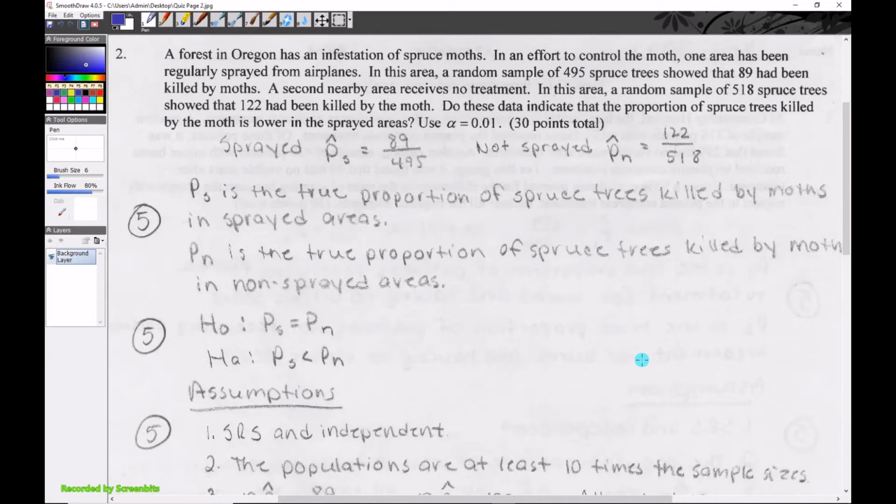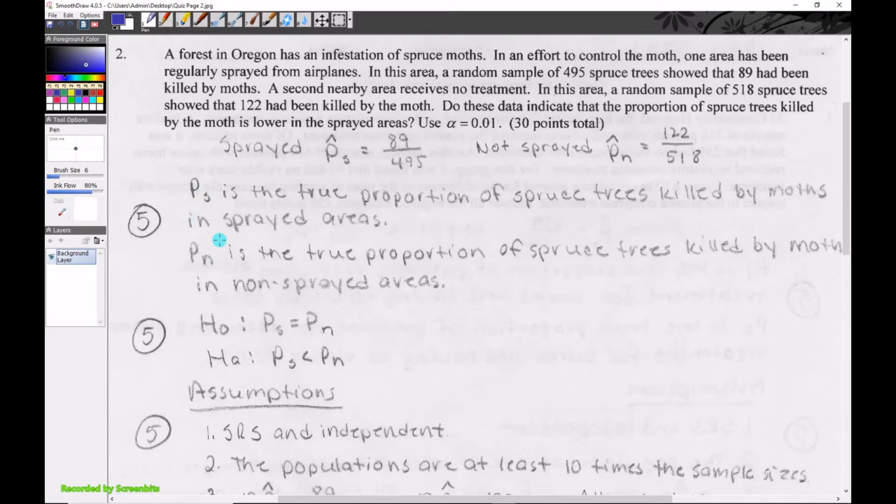Here again, you had to set up two proportions as far as defining them. So here's the proportion of trees killed by moths in the sprayed area, and here's the one in the non-sprayed area. You could do p sub 1, p sub 2, but you have to do 2.